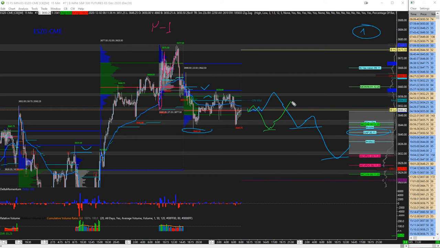Which takes us through to the same 58 area. Previous day's value area low, and then from then on takes us to the VPOC of yesterday, right here.